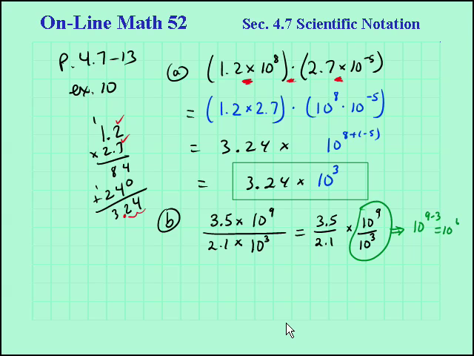Now the 2.1 and the 3.5, well, we probably have to do some long division. I'm sorry about that. 2.1 divided into 3.5. There's another technique that I'm not going to discuss here.